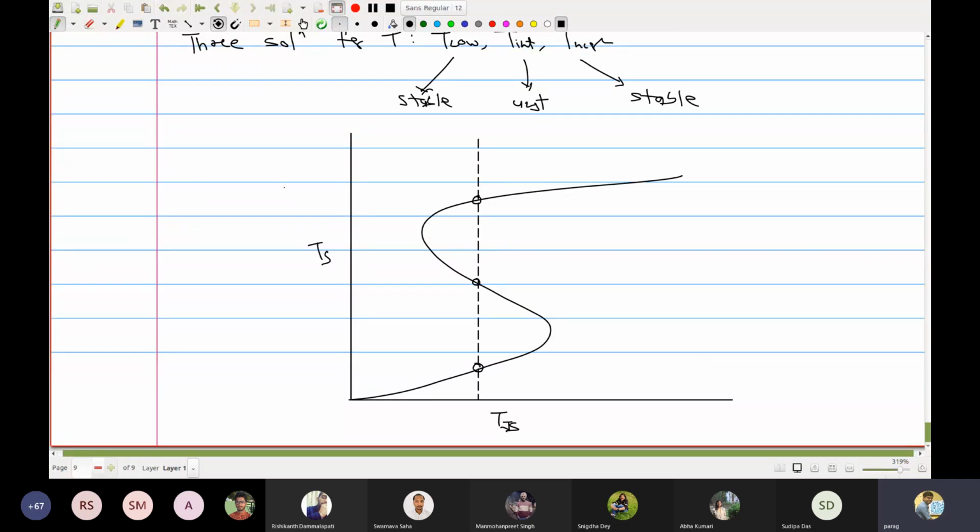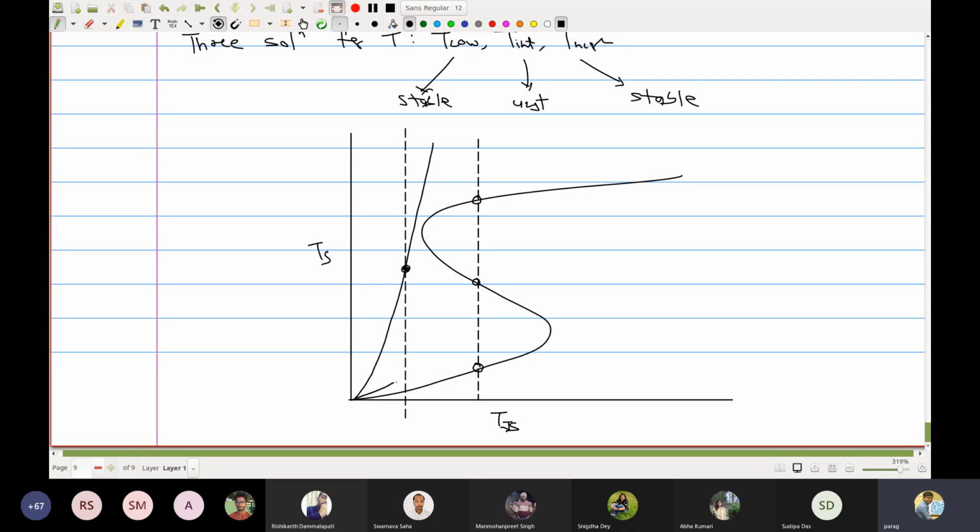Initially you will have only 1 solution, so you fix a jacket temperature, you get a reactor temperature. As you go on changing the parameters in the system, you move from here to here.